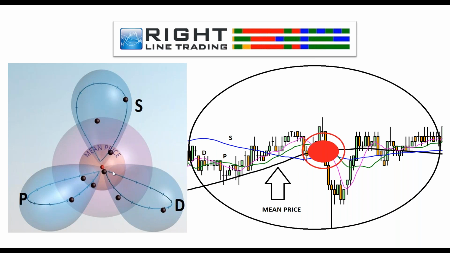These are just moving averages. Here's mean price. And these are just orbitals, S, P, and D. And the financial markets are exactly the same in terms of a closed system. You have a mean, which is this black moving average. It really doesn't matter what that number is.